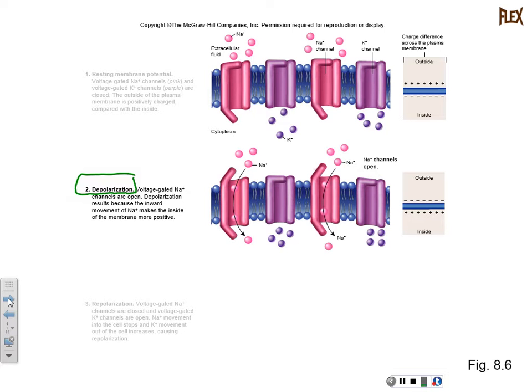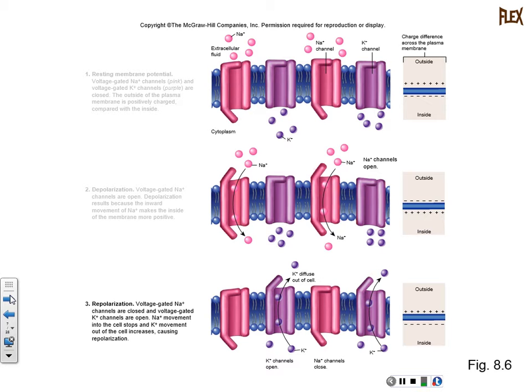And then the last step is repolarization, when you go back to resting membrane potential. So in order to remove the positive charges, because the voltage-gated sodium channels have now closed, so that sodium doesn't enter anymore, the only thing you can do is open the potassium channel so that potassium now rushes out to remove that positive charge out of the cell.